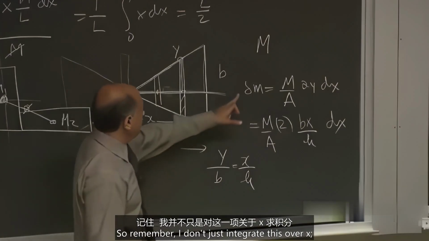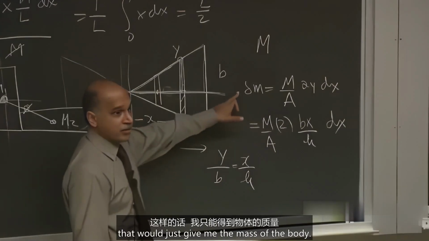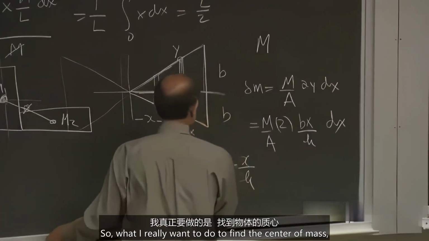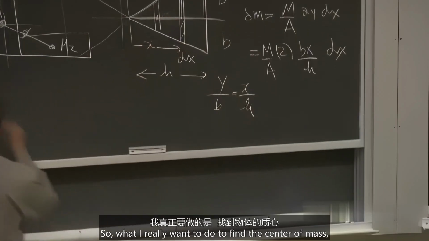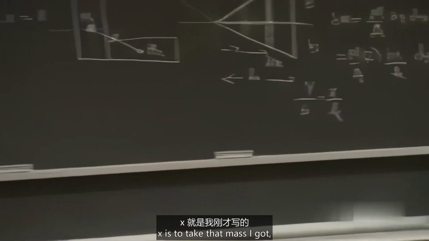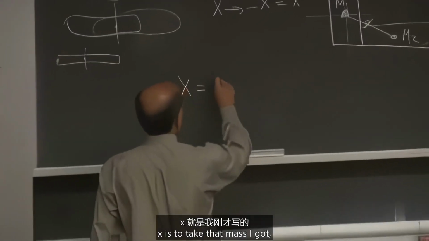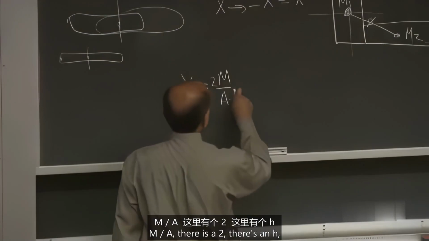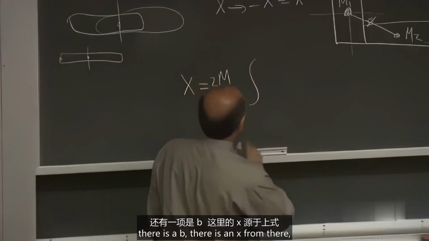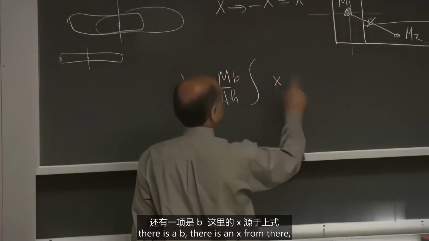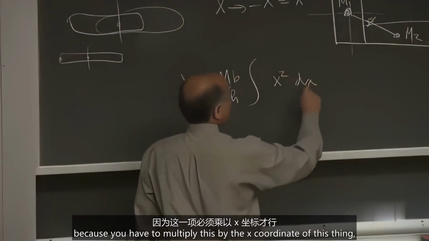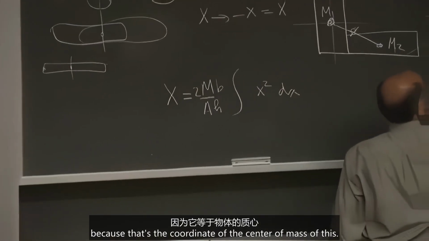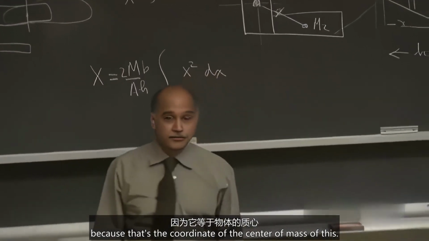So remember, I don't just integrate this over x. That will just give me the mass of the body. I should multiply it by a further x and then do the integral. So what I really want to do to find the center of mass x is to take that mass I got, m over a, there is a 2, there's an h, there is a b, there's an x from there and another x, because you have to multiply this by the x coordinate of this thing, because that's the coordinate of the center of mass of this.